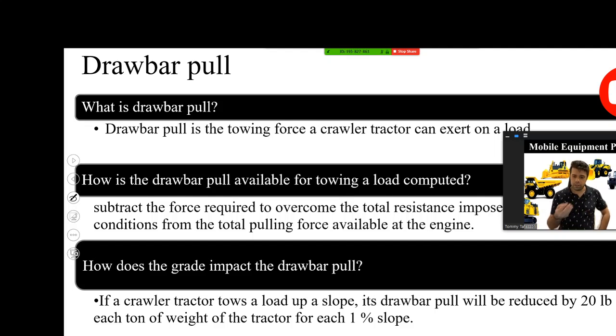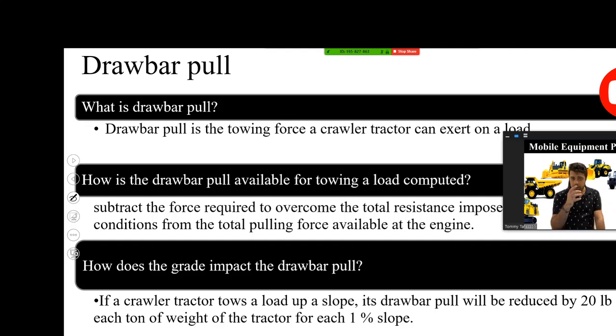If a crawler tractor tows a load up a slope, its drawbar pull will be reduced by 20%. When we say its drawbar pull will be reduced, it means it will have less power. The force that it can generate will be less.